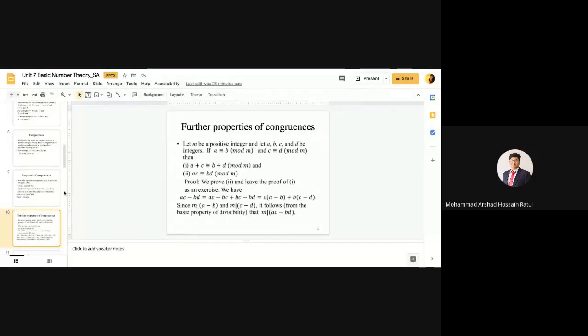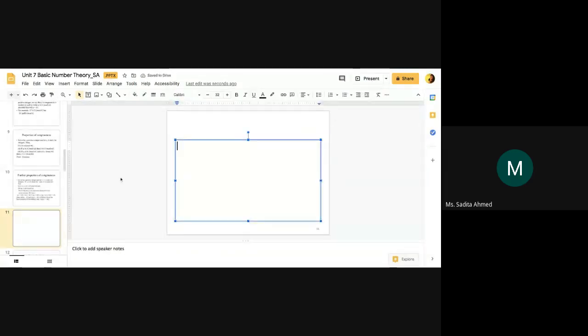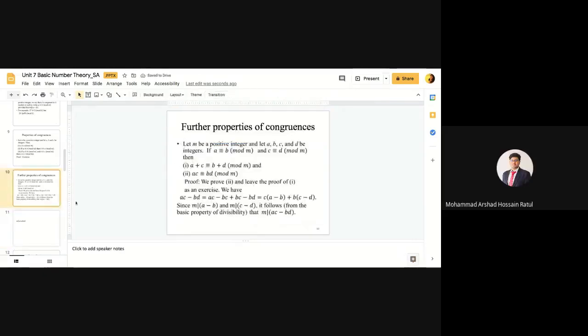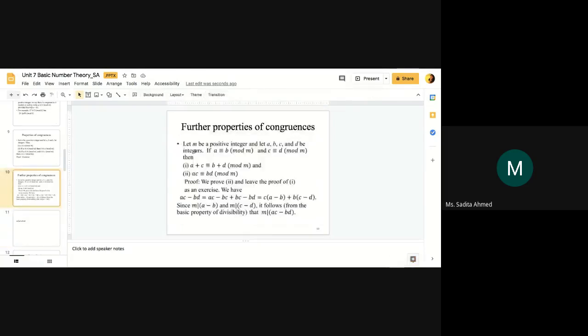This statement is basically saying that M divides A plus C minus B minus D. Yeah, that's what it's saying, and this is what we have to prove, that M does in fact divide this. What do we have in the hypothesis?